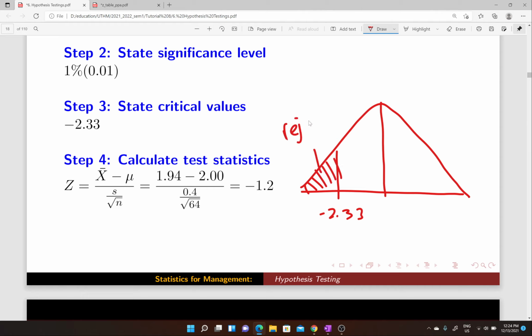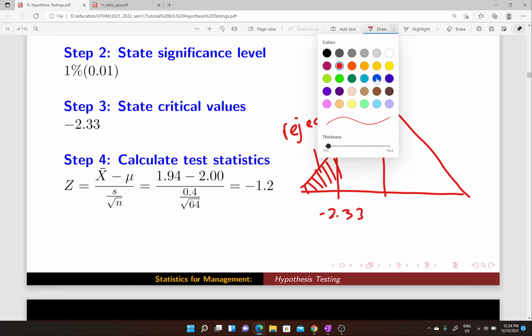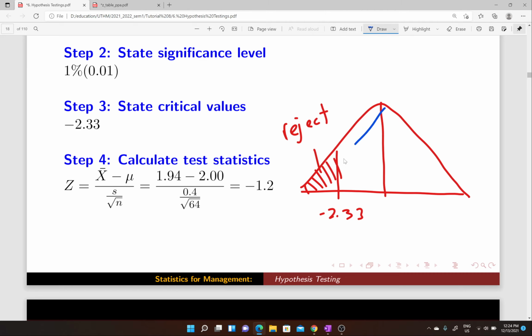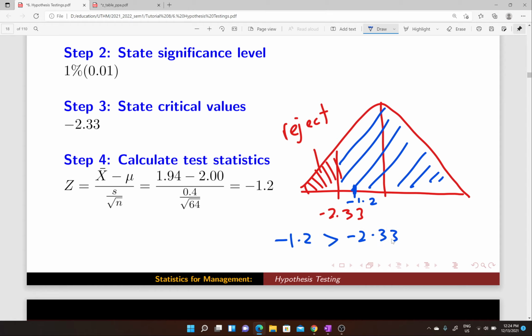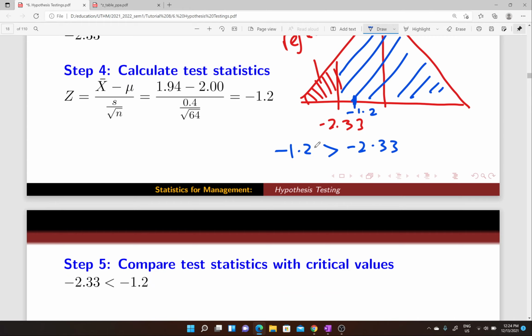Where is the acceptance area? Where is negative 1.22? Somewhere here, isn't it? So it is in the acceptance area. Before we write that we accept the null hypothesis, just write negative 1.22 is greater than negative 2.33.